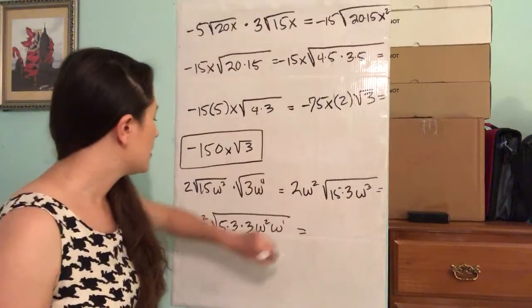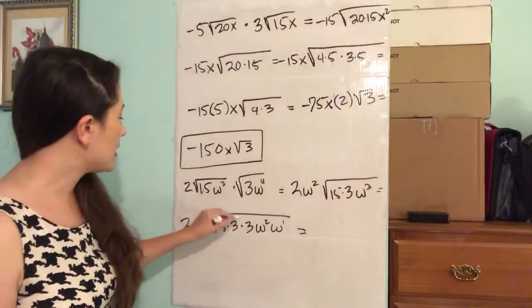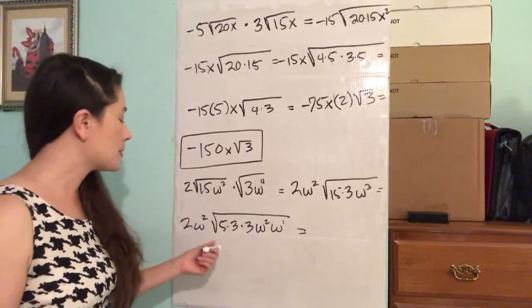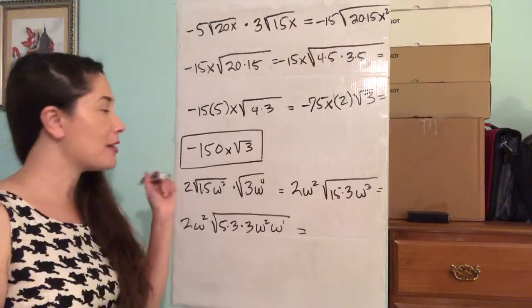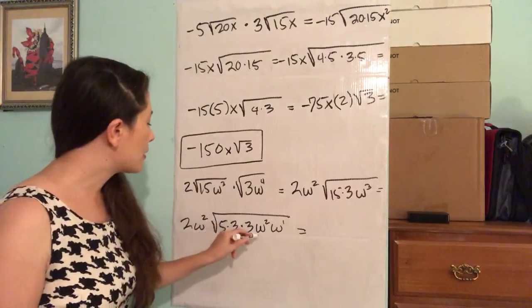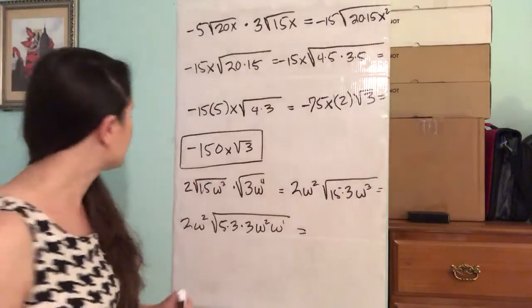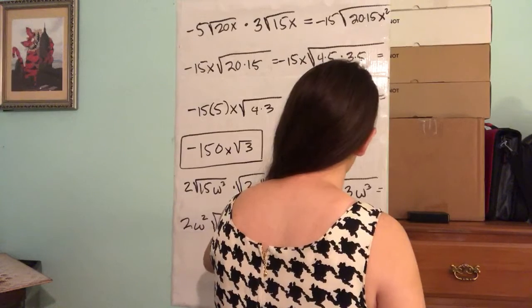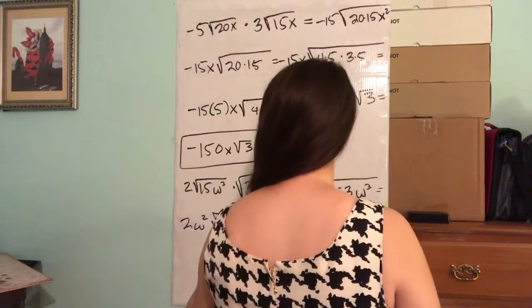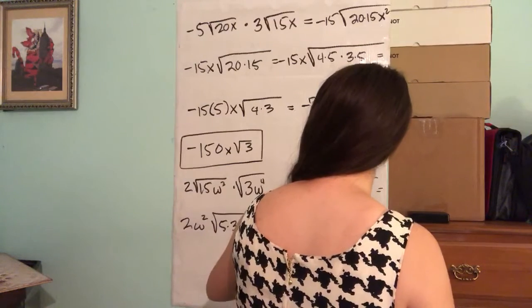So there's a couple things we can take out of this radical now. We've got the two 3s. 3 times 3 is 9. The square root of 9 is 3. We can take 3 out. And the square root of w squared is w. We can take the w out. So this gives us 2 times 3, and w squared times w, which is w to the 3rd power.